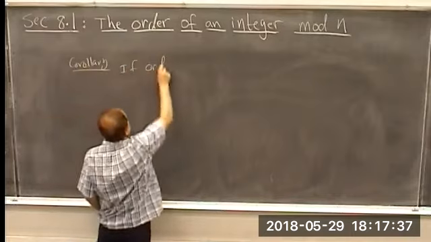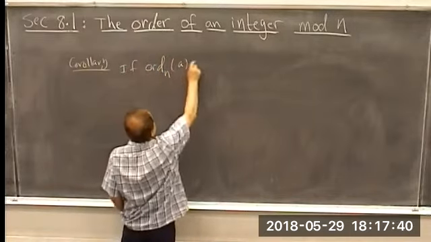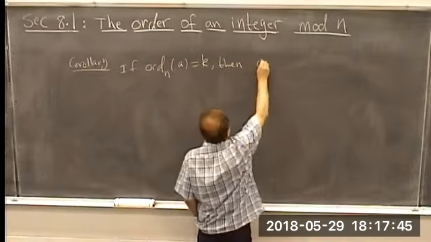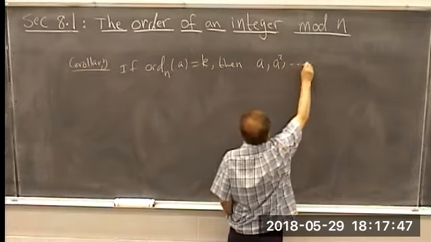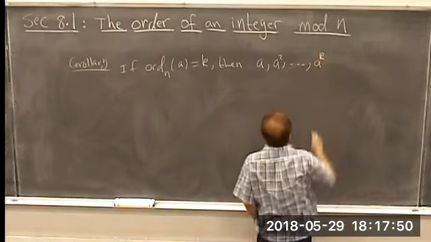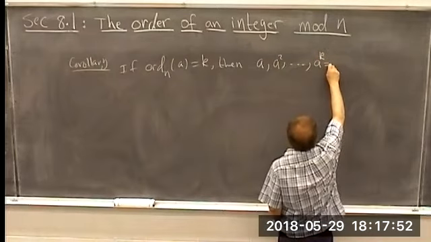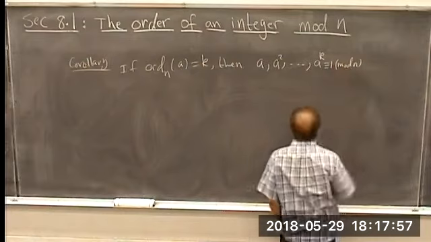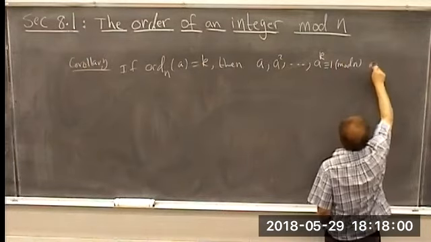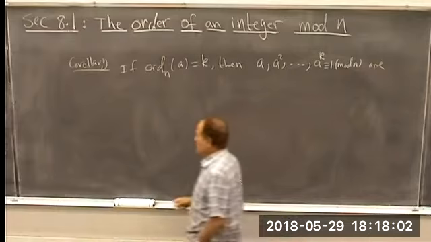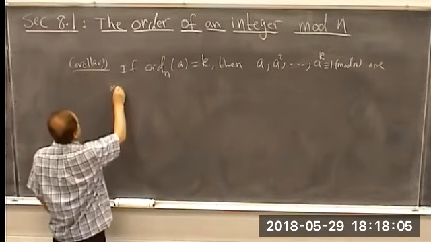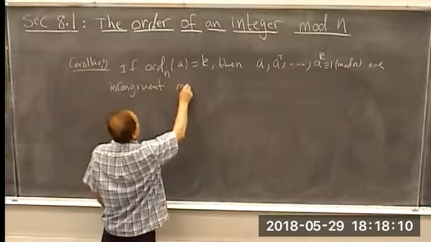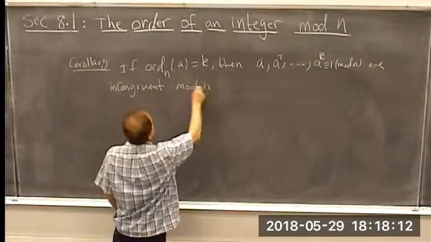If the order mod n of a is equal to k, then a, a squared, up to a^k, and this is congruent to 1 mod n, are incongruent, they are not congruent to each other, incongruent mod n.